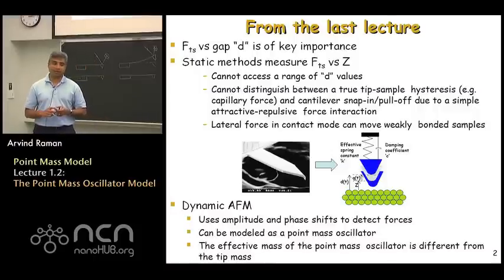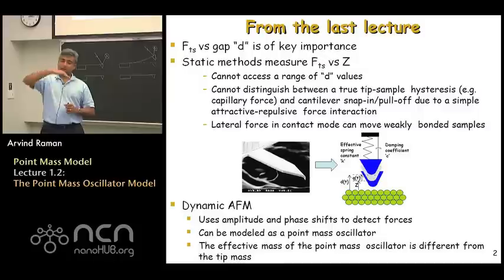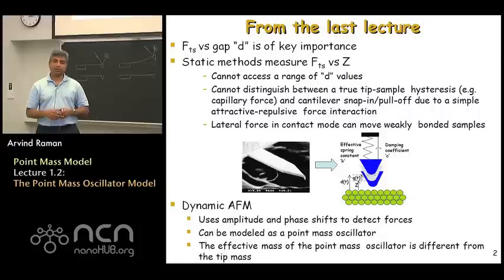The second disadvantage is the fact that a static force distance experiment is not able to distinguish between a snap-in and pull-off that occurs due to the normal canonical attractive repulsive interaction force as opposed to an interaction force which is truly hysteretic, for example, due to capillary forces when the tip comes and moves away from the sample.